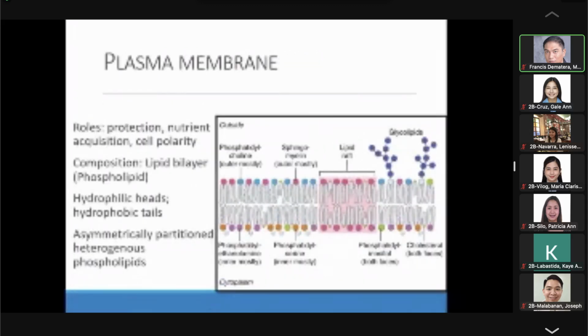So the plasma membrane, this serves as a protection, a means of nutrient acquisition, and maintains cell polarity. It is composed of a phospholipid bilayer with hydrophilic heads and hydrophobic tails. The phospholipids vary in location and are asymmetric with preferential association with the cytosol or the extracellular environment.